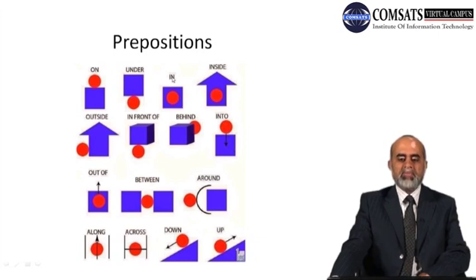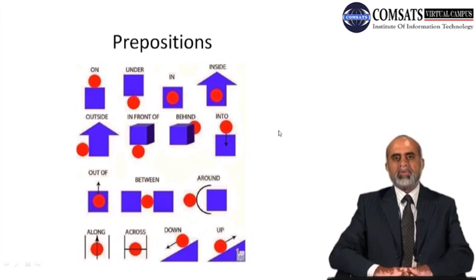So you understand the difference between in and into? In is preposition of a place. Into is preposition of a movement. So for example, you would say, the boys are swimming in the swimming pool. Whereas you would say, the boys are jumping into the swimming pool.